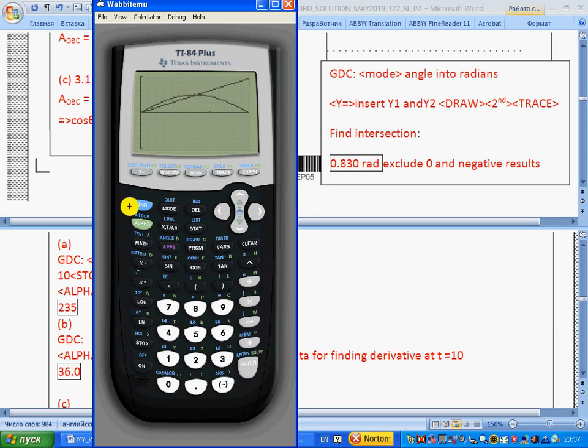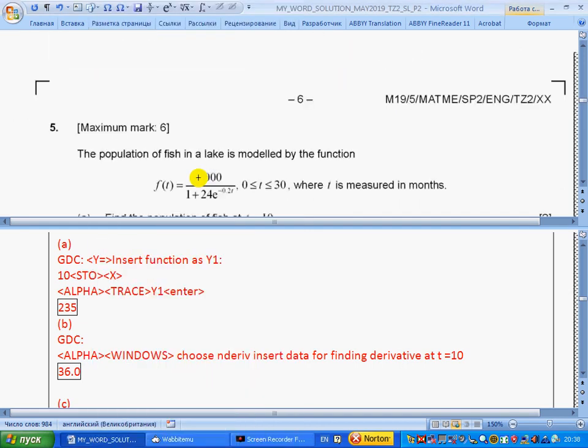So second trace, intersection, one curve, another curve, guess, and our answer 0.83. Yeah, right. So we did this question now.